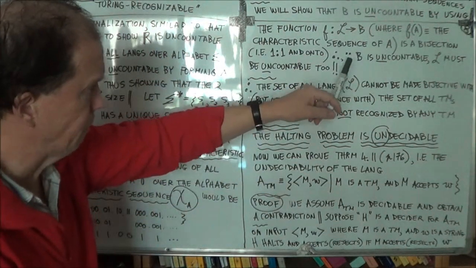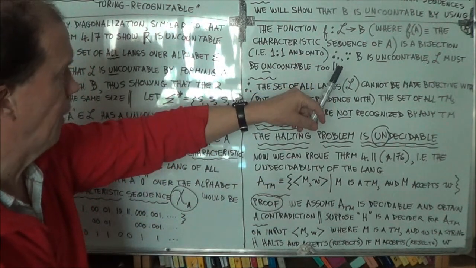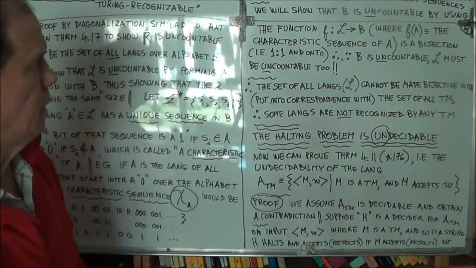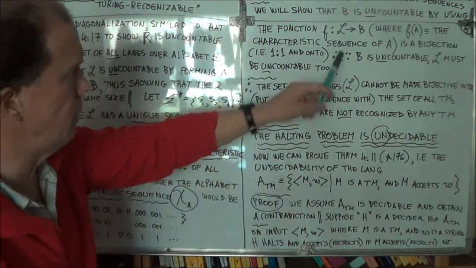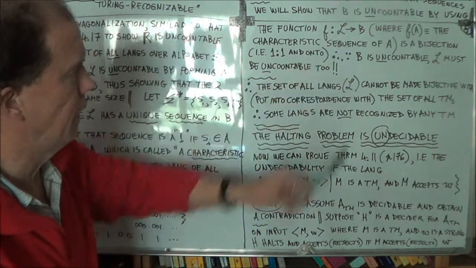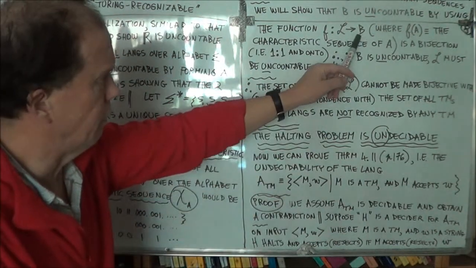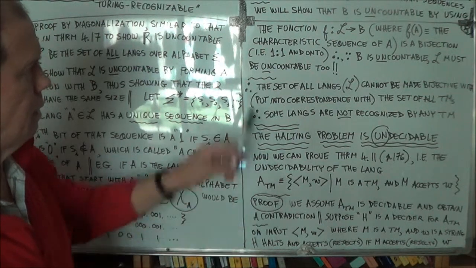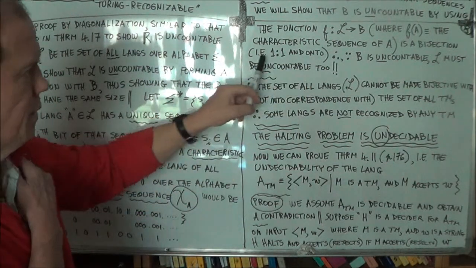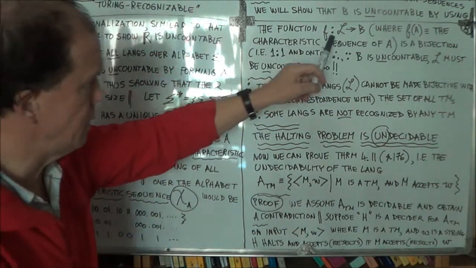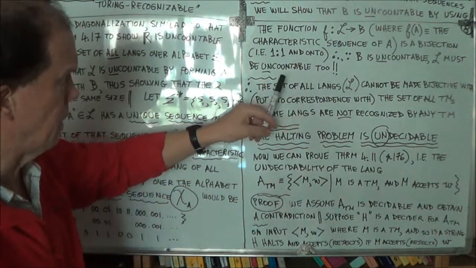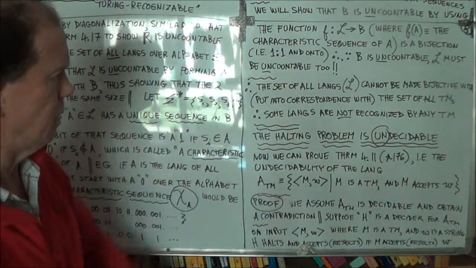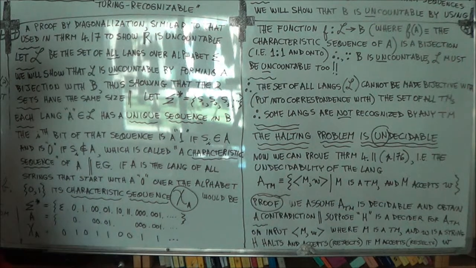Now, why is that a bijection? Because for every member of L, you've got a member of B. Now, maybe that's not so clear. I still have a bit of a question mark on this. Why is this mapping a bijection? It's one-to-one, you can see that. And why is it onto?